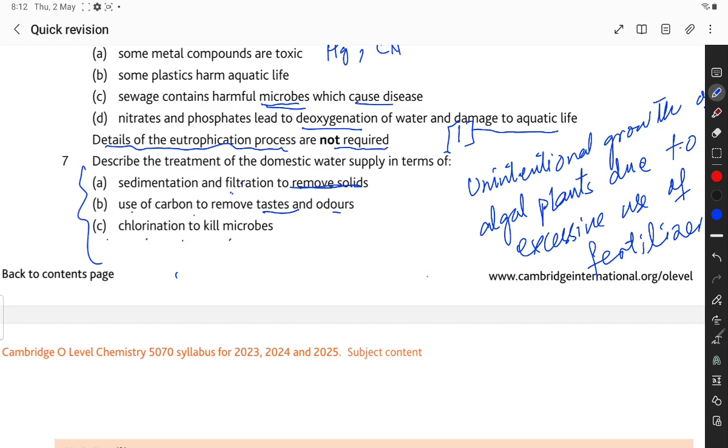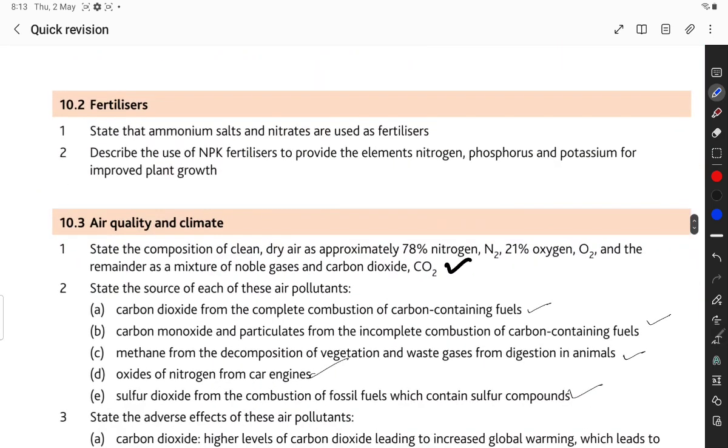Then filtration: filter the water to remove these solids. Then add carbon in the filter beds, which removes taste and odor. Afterwards, an appropriate amount of chlorine is used to kill the germs in the water.